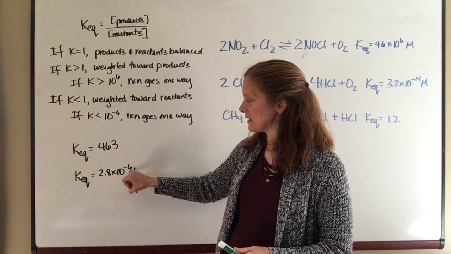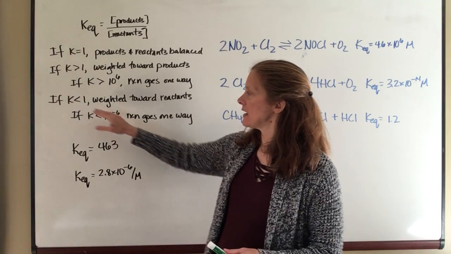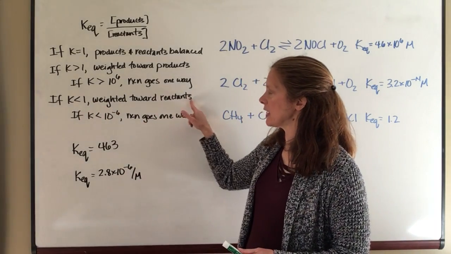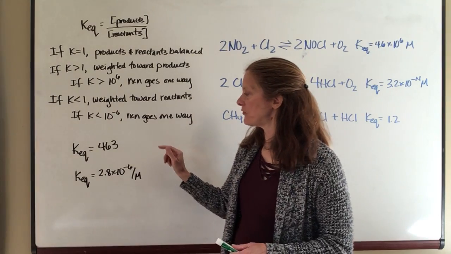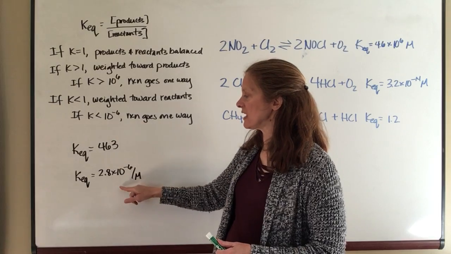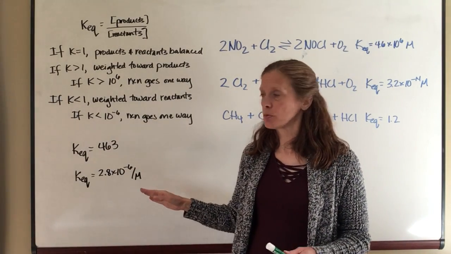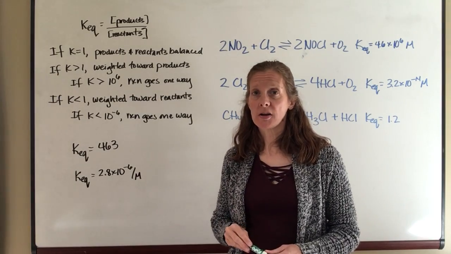Remember that if you have a negative exponent up here, that means that it's a very, very small fraction. And so therefore, this reaction was weighted towards the reactants. In fact, this one is really, really close to the dividing line. It's not quite there, but the reaction for all practical purposes is only going to be going one direction.